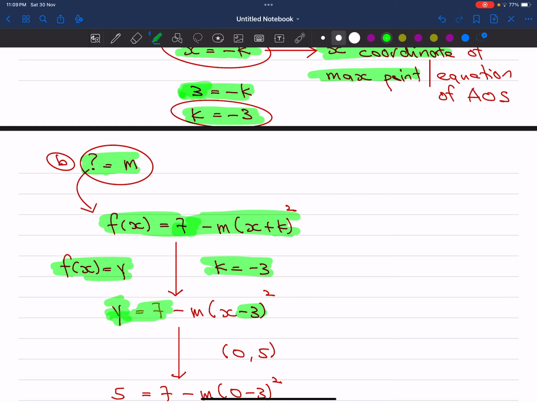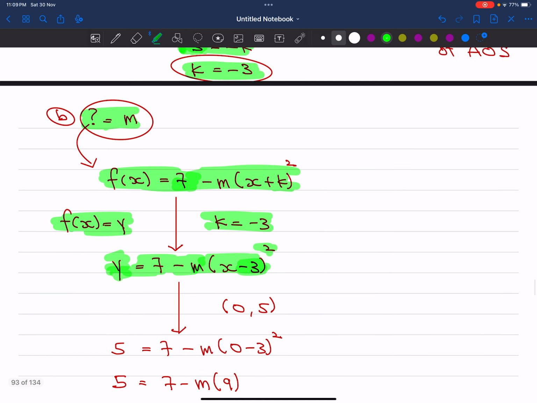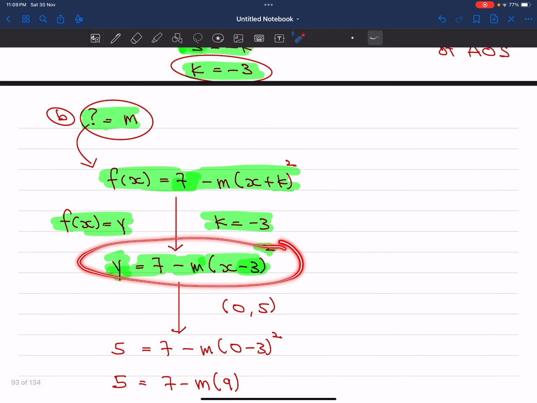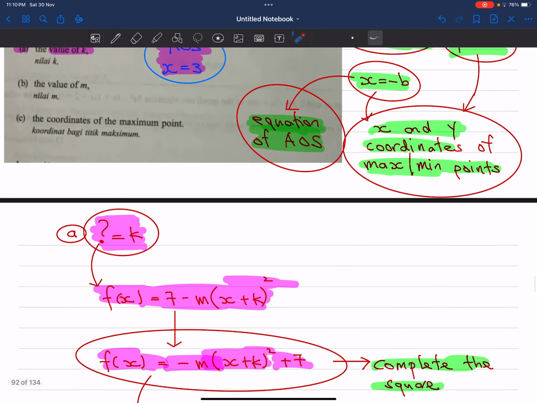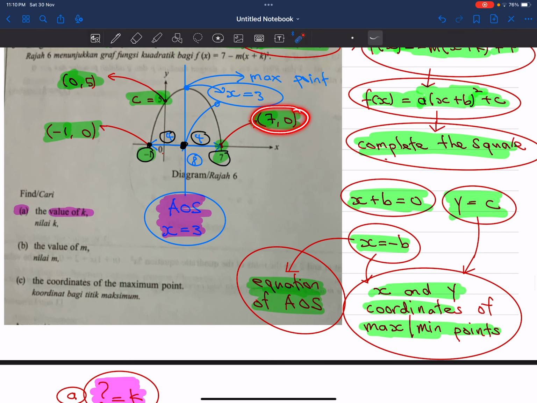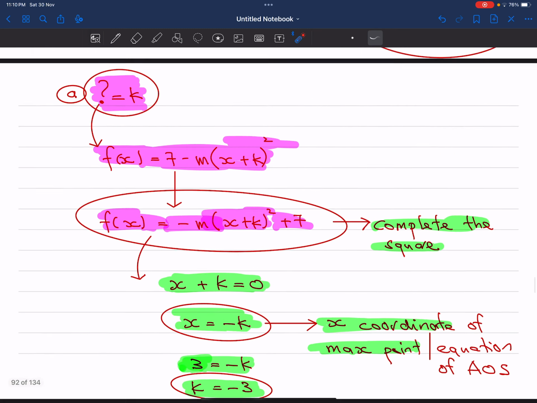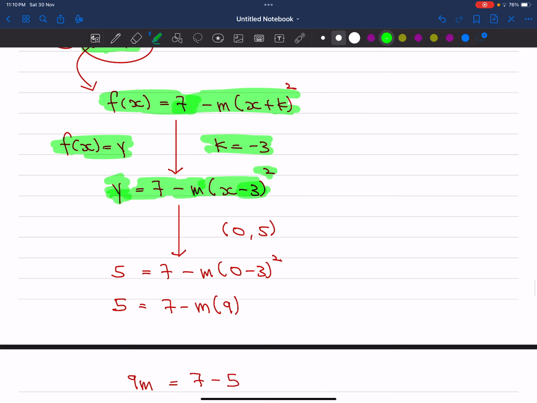So y equals 7 minus m brackets x minus 3 squared. From here, if I want to find m, I just have to substitute the coordinates x and y. We can take any coordinates: (7, 0), (negative 1, 0), or (0, 5). I am taking (0, 5), easy.